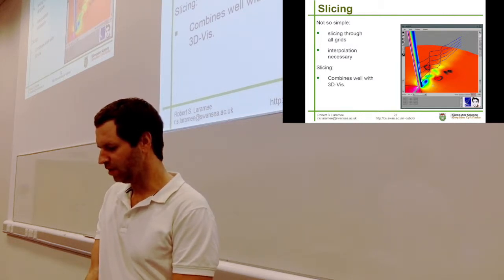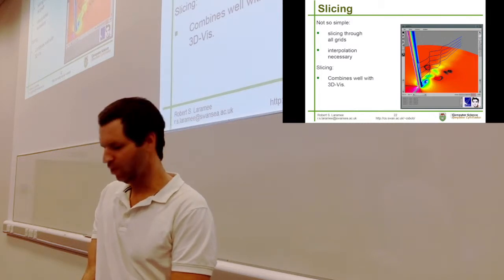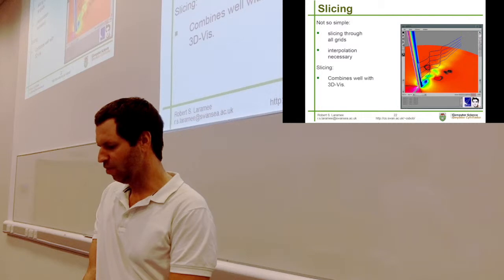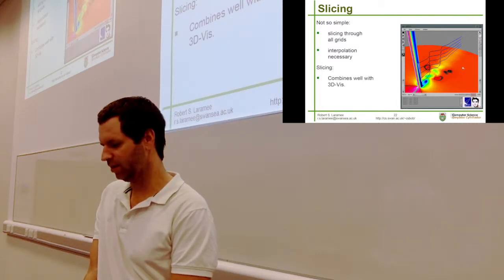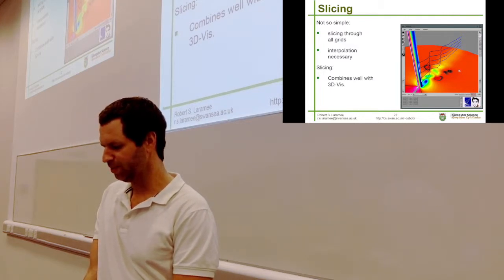And then velocity magnitude, the speed of the flow, is mapped to color. So that means dark blue, for example, is slow moving flow. And then the quicker moving flow is the more orange or red it is. The green is medium velocity, and then the higher velocity is the orange.